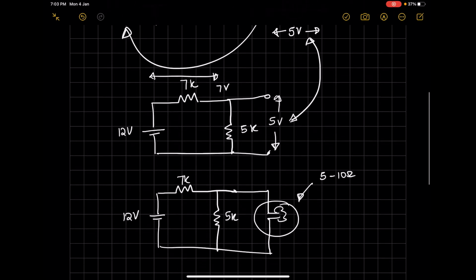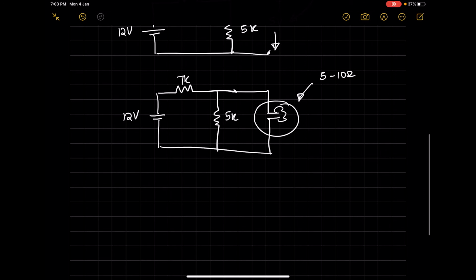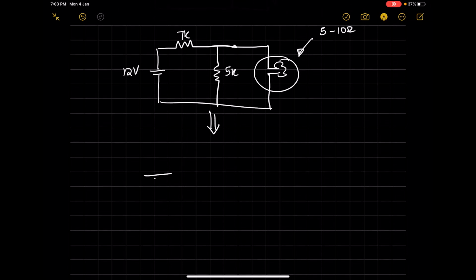So this bulb has a 10 ohm resistance and requires an operation voltage of 5 volt. Once you connect this bulb, the network can be represented as below. So this is a 12 volt network. Again we have 7k followed by 5k, and then this bulb can be modeled as a 10 ohm resistance.